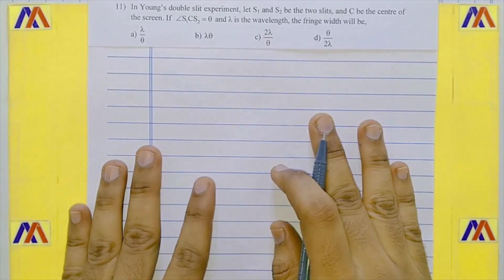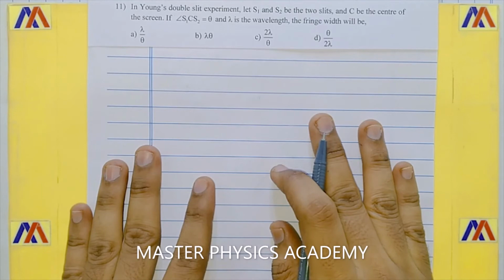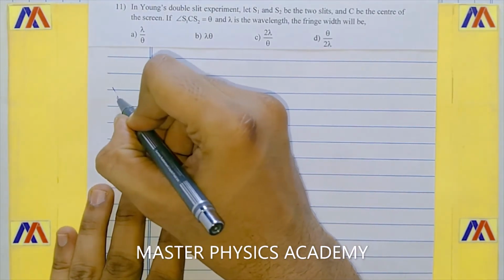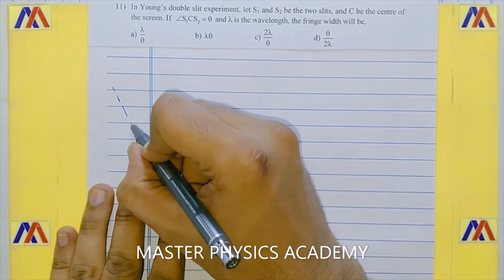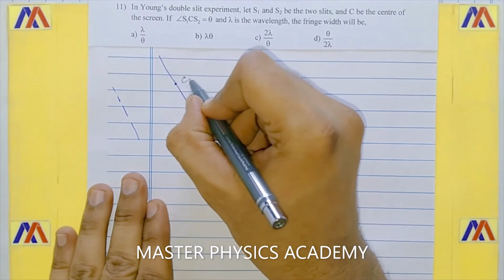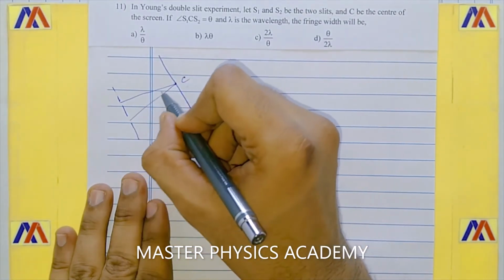In Young's double slit experiment, let S1 and S2 be the two slits. Let C be the center of the screen. If angle S1 C S2 equals theta and lambda is the wavelength, the fringe width will be? Consider the apparatus of Young's double slit experiment. In this numerical, it is given that the angle S1 C S2 is theta.